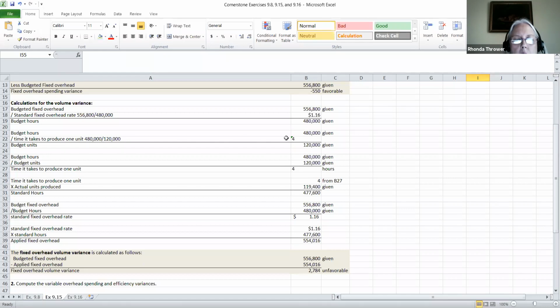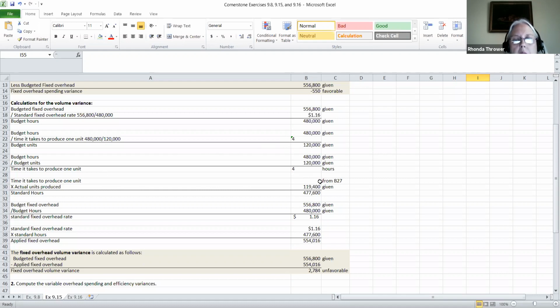Now I've taken this a step further, and you really didn't have to do this part here because you need to know that it takes 4 hours to determine your standard hours. You need to know the time it takes to produce 1 unit, which is 4 hours.